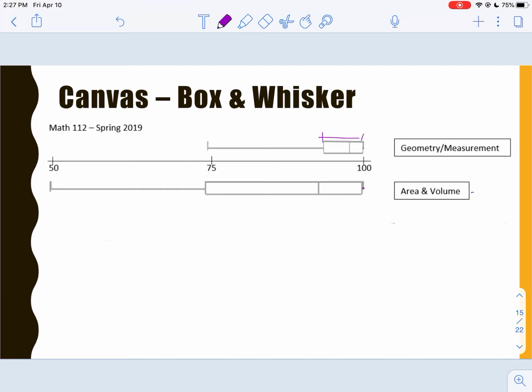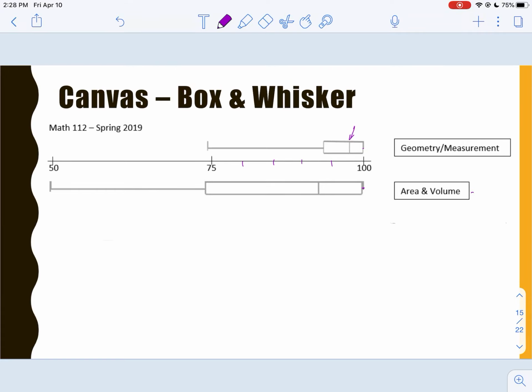And so you see here, the interquartile range shows that as well. The interquartile range from here to here is much shorter in the geometry and measurement assessment. All right, so let's jump back into here. What is this? Do you remember? That's the median.